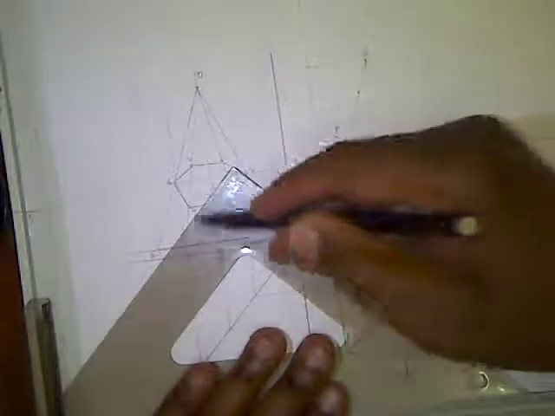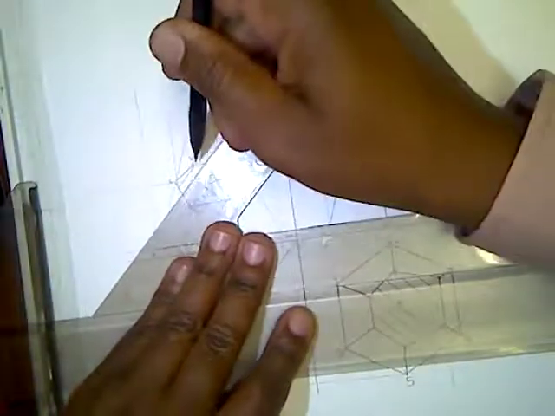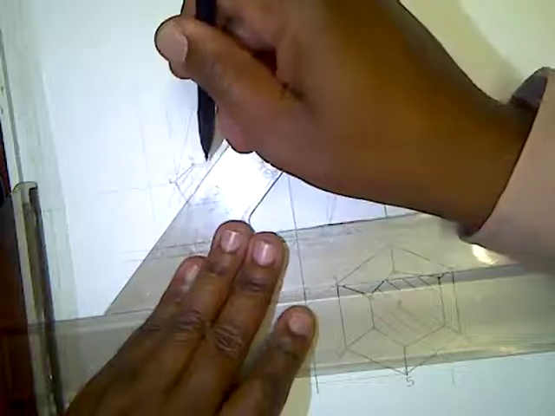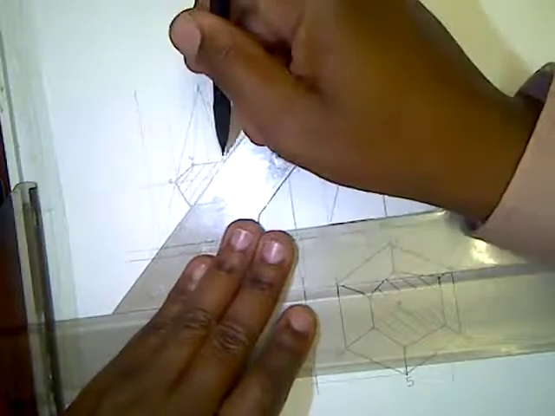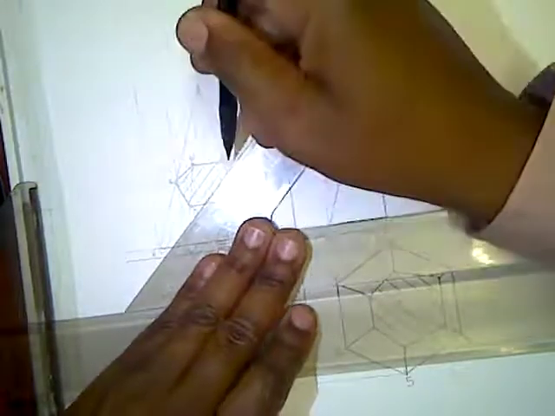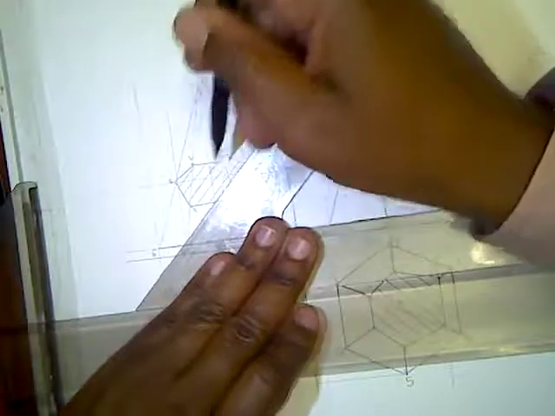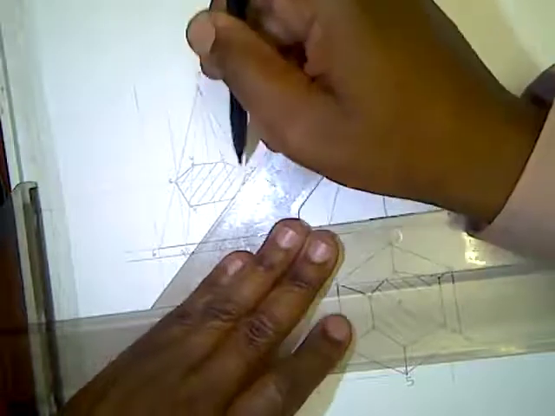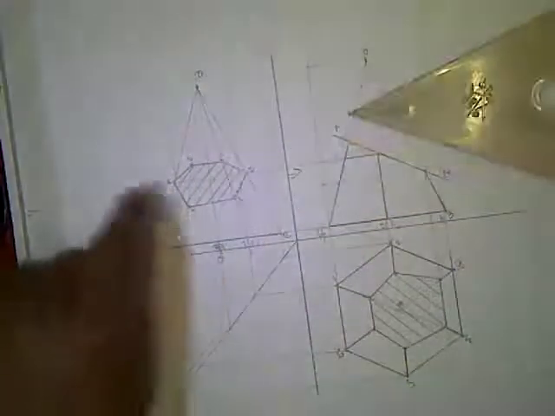Now let's section the cut. In this one we're sectioning that direction. In the other one we go the opposite direction. Aha, there is the cut surface.